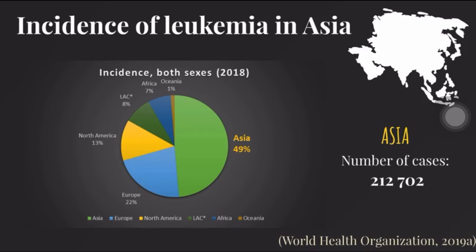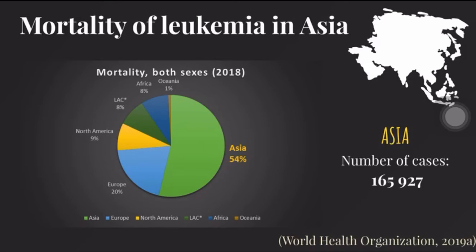We will now move on to the statistics of leukemia in Asia. In terms of its incidence, Asia has the highest incidence with a total of 212,702 cases, making up 49% compared to other continents. For the statistics on mortality of leukemia, Asia also records the highest number of cases of 165,927 cases.